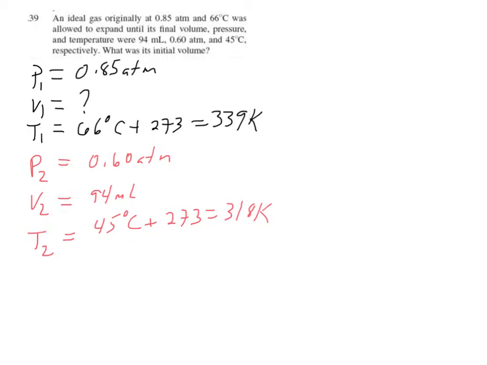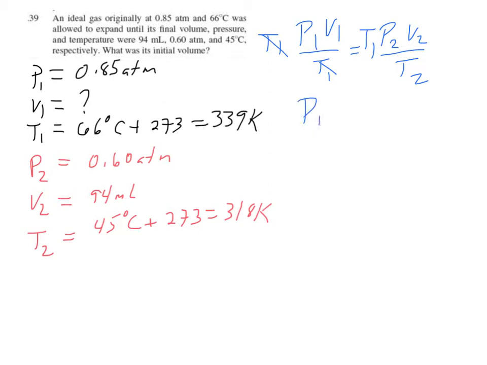So let us write our equation for the combined gas law. P1 V1 over T1 equals P2 V2 over T2. Now this time we're looking for V1. So what I'm going to do is I'm going to multiply both sides by T1. So T1 cancels out.